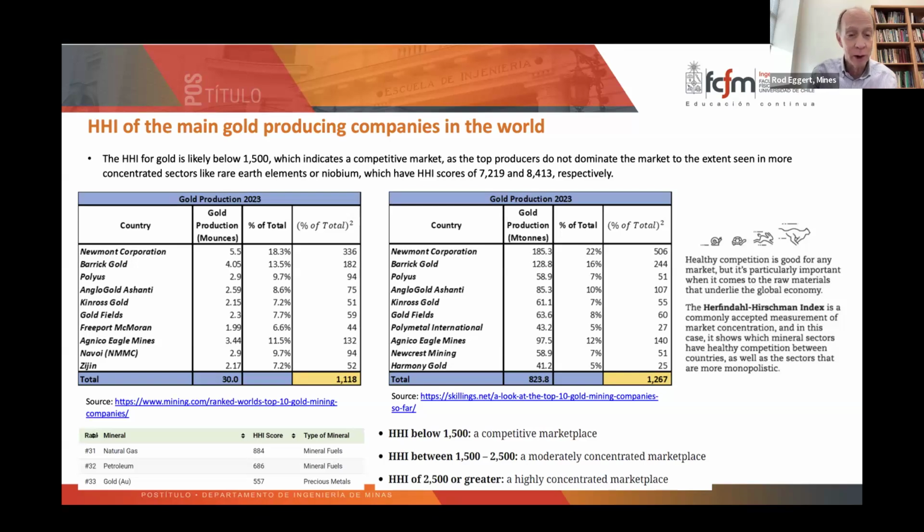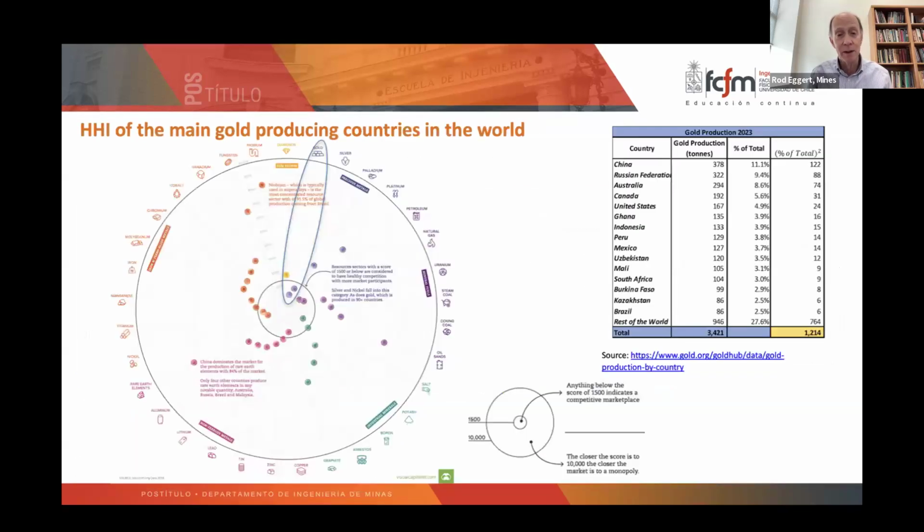Now, I agree with you. I think that this is probably less than 1,500, but one could calculate an approximate HHI. The other comment I would make about HHI is that you discussed both country market shares on the previous slide and company market shares.